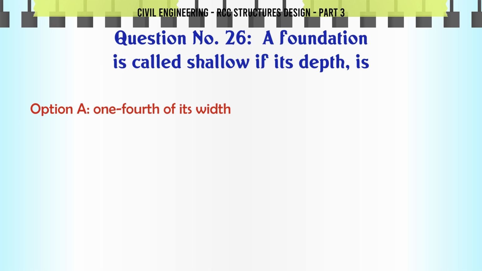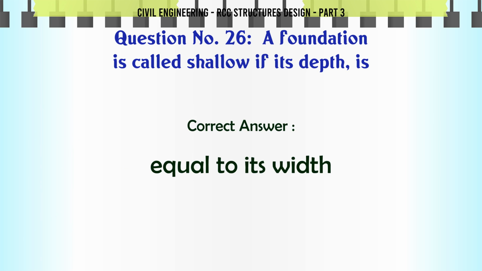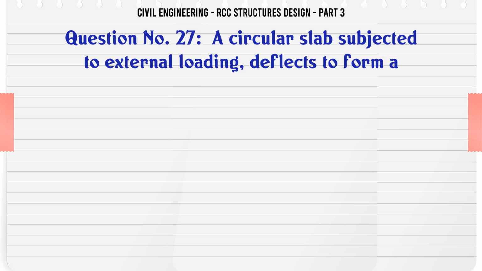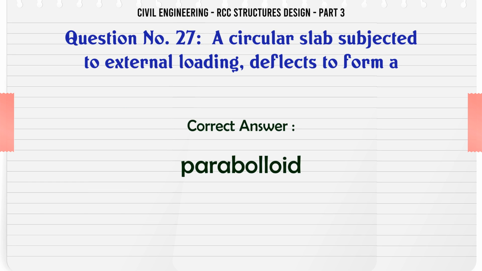A foundation is called shallow if its depth is A. 1/4 of its width, B. half of its width, C. 3/4 of its width, D. equal to its width. The correct answer is equal to its width. A circular slab subjected to external loading deflects to form A. semi-hemisphere, B. ellipsoid, C. paraboloid, D. none of these. The correct answer is paraboloid.